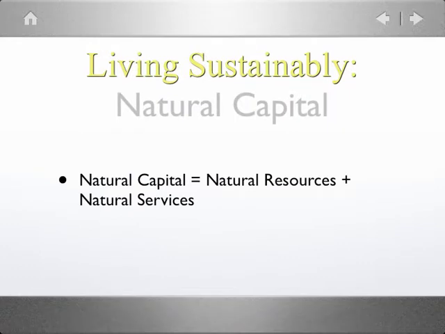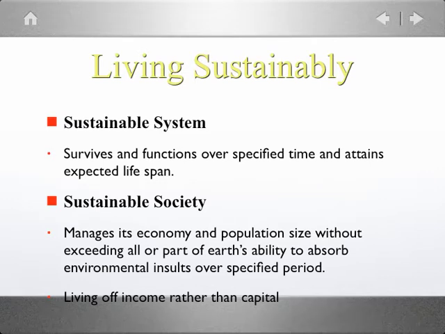Okay, so one of the first things that we want to understand is natural capital, right? Here we have natural capital equals natural resources plus natural services, right? So another way to say that is natural capital is the sum of natural resources and the services that they bring, right? So when we think about this, we should think about it in terms of a system, right?